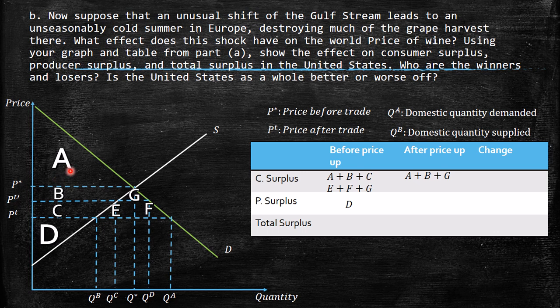QC. So this is now the consumer surplus after this seasonal effect.